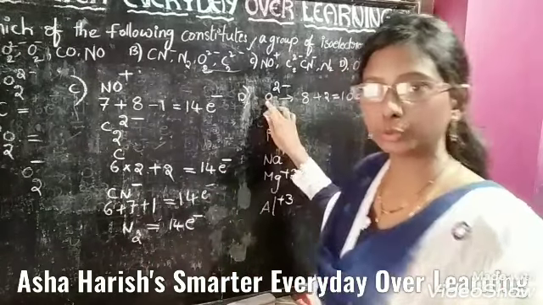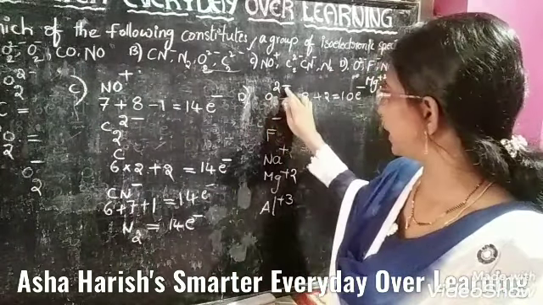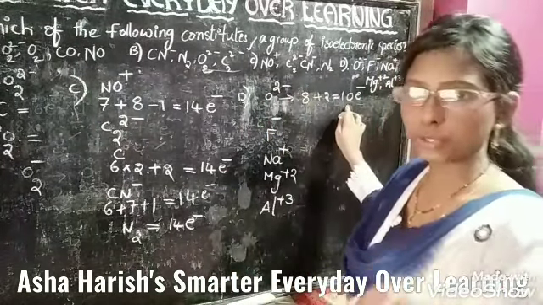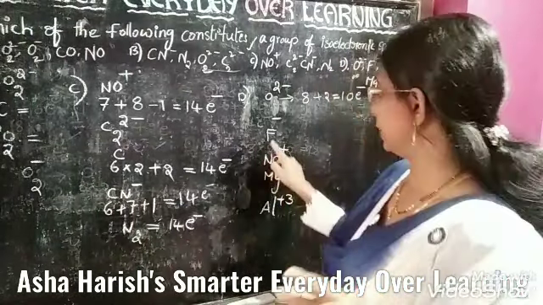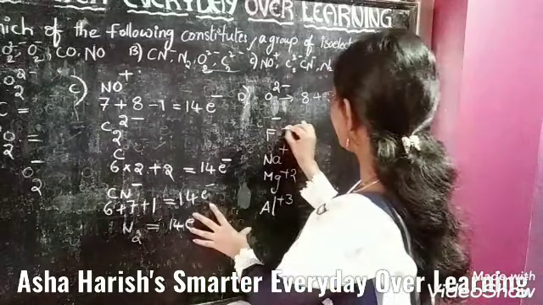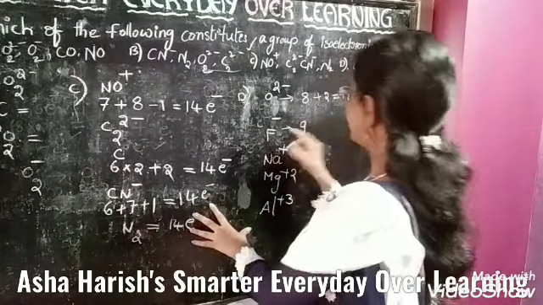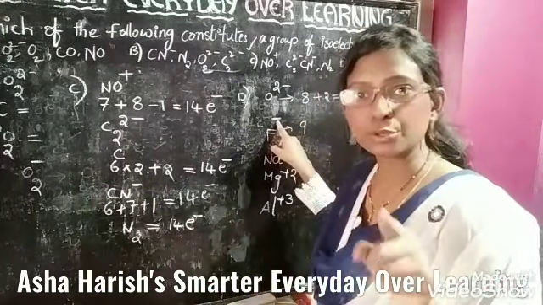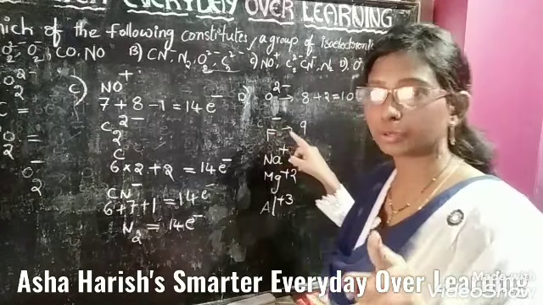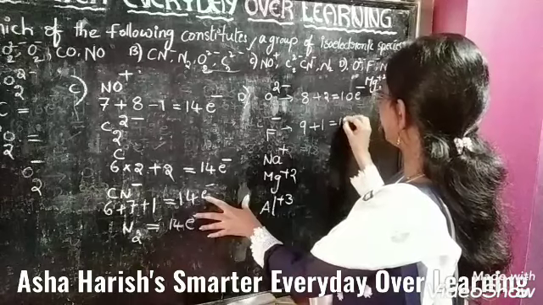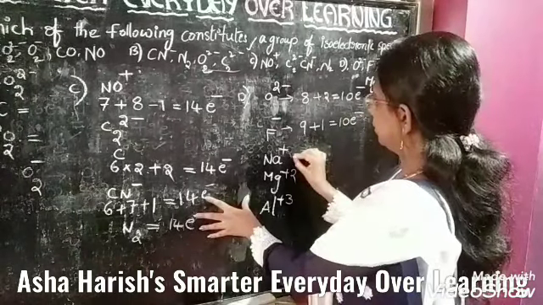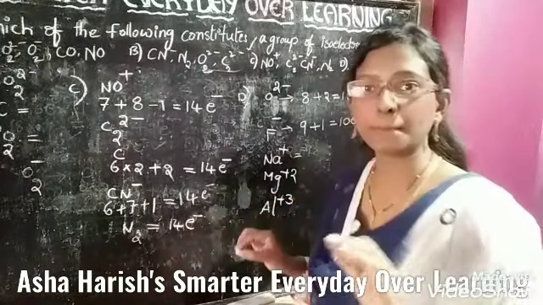So for O2 minus, we got 10 electrons. And for the fluoride ion, F minus, fluorine atomic number 9 students. Here 1 minus is there, so we need to add 1 electron, plus 1, so 10 electrons.